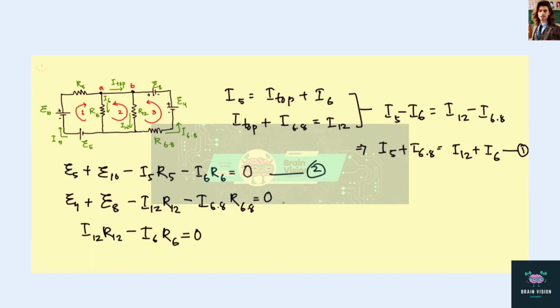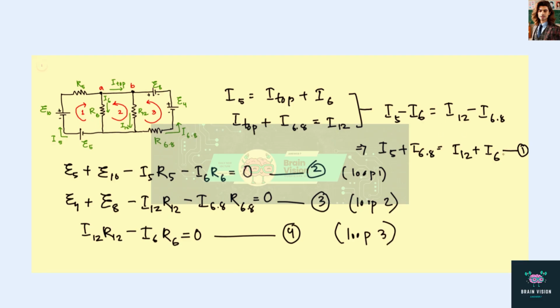Let's call that equation 2. This is for loop 2 and this is for loop 3. So let me just write that so that you don't get confused with the equation numbers. And this is the equation that we got from the junction rule.